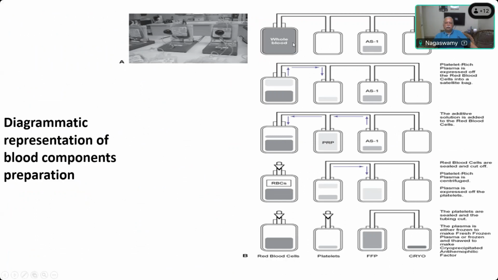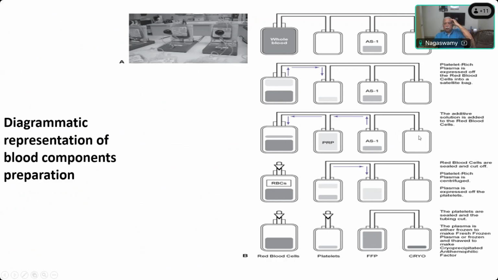You can see first the whole blood is collected in this, and this bag will be centrifuged, and then from there the platelet rich plasma is expressed into the next bag, and then from this, if you want platelet poor plasma, you again centrifuge and then separate the platelet, and then leave the platelet poor plasma here. So this is called the satellite bag.